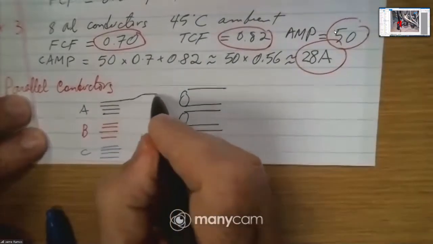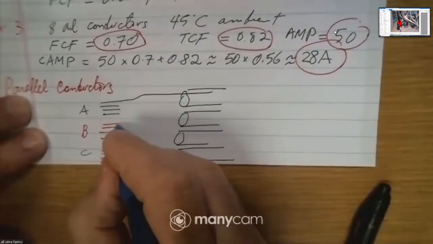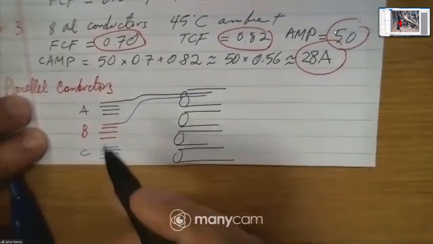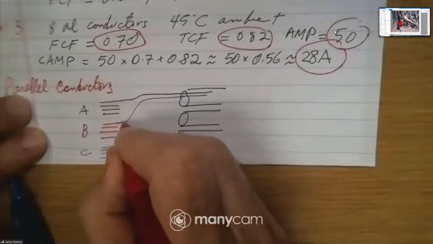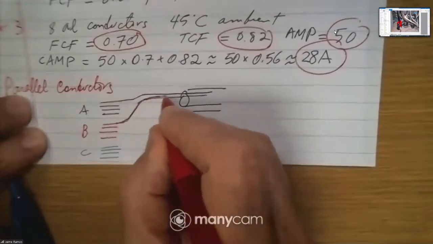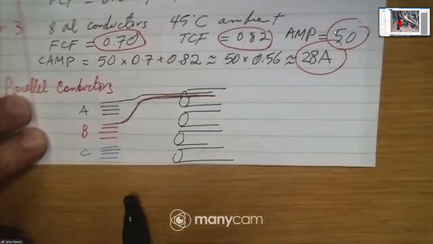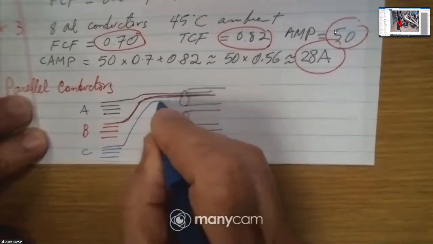Okay, so the rule is that you need to put in each conduit, oh, this is red, sorry, you need to put in each conduit a complete set of the three phases.